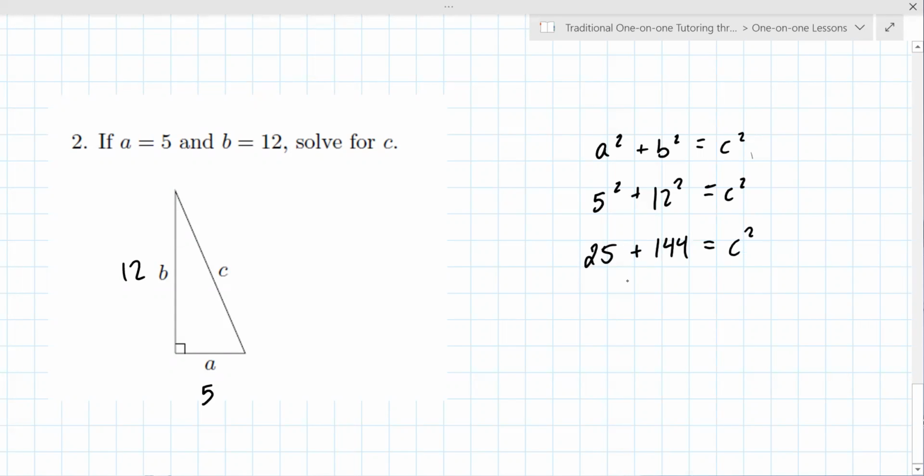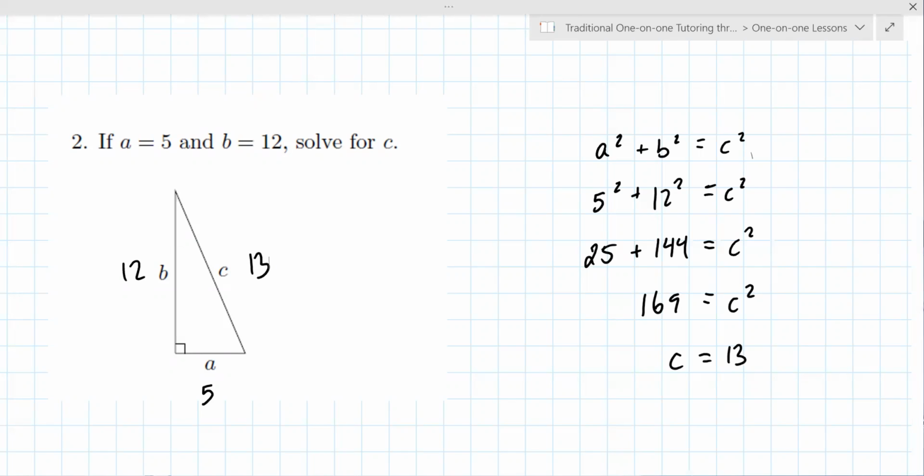What is 25 plus 144? 169. And the square root of that is 13. Yes, perfect. Yeah, you're really picking this up. That's awesome. That's really good.